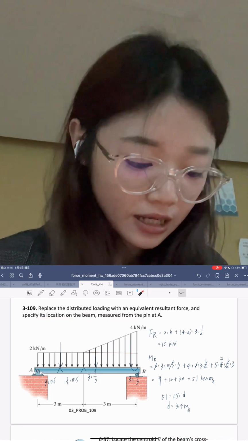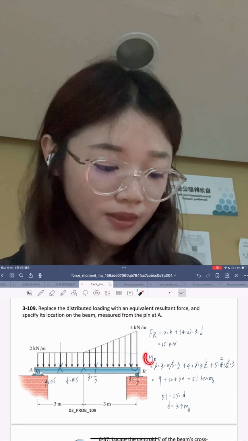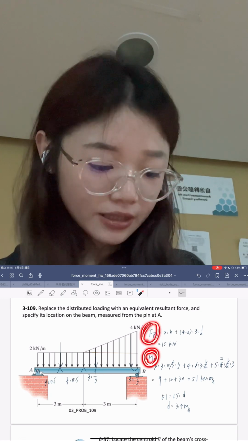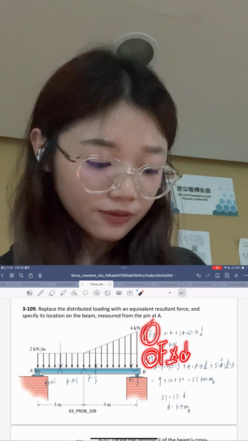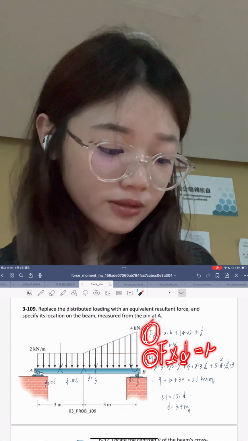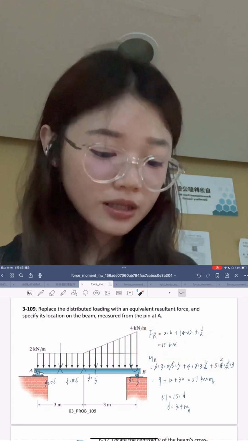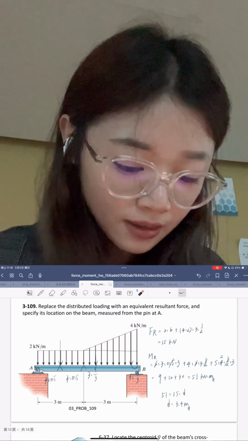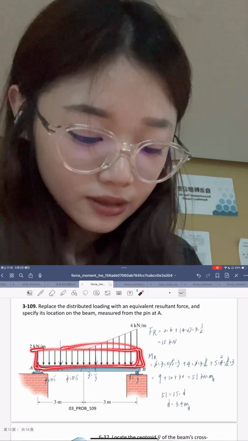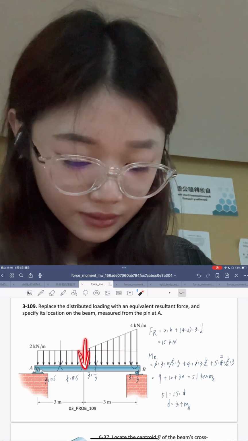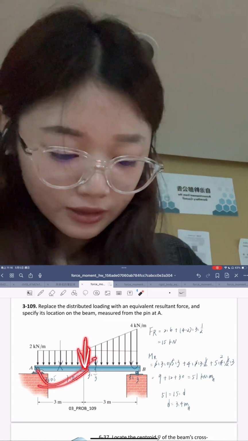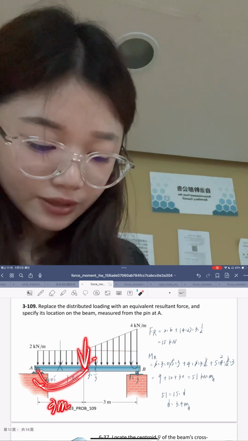Then it acts at a location on the beam, so we have to know the moment and the force, and we can know the distance, because force multiplied by distance gives the moment. With this area, the force acts here, at 3 meters.